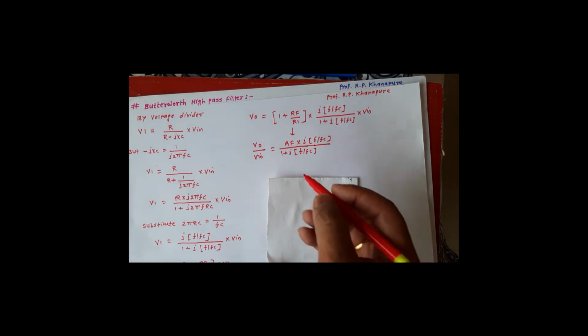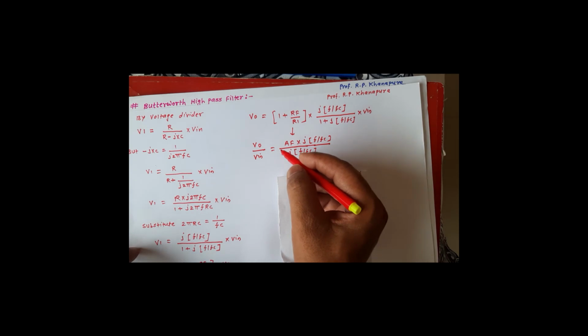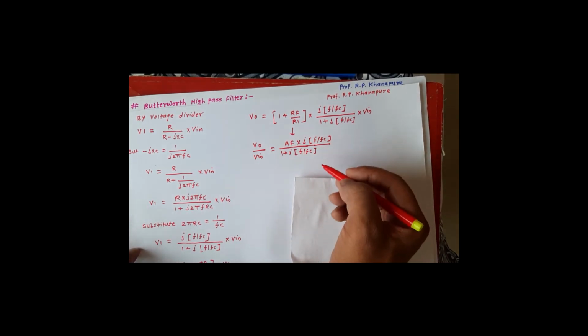Okay, so this is the voltage gain V0 by Vin, right? So we can say this is the equation for the gain of a first order high pass filter.